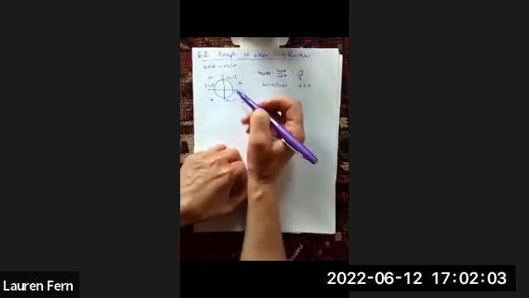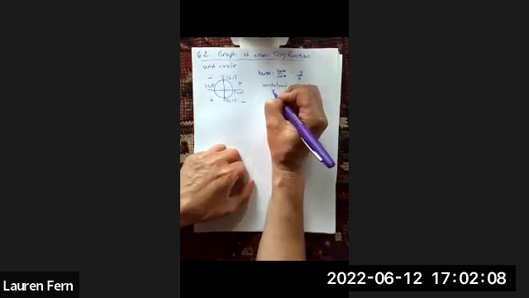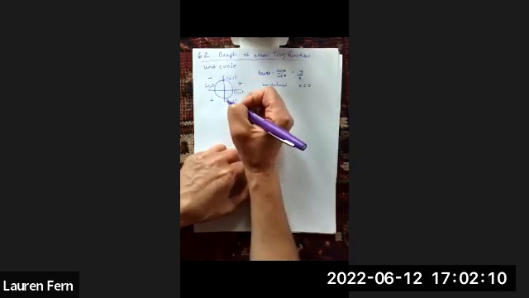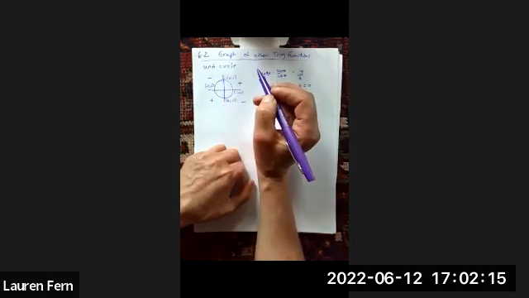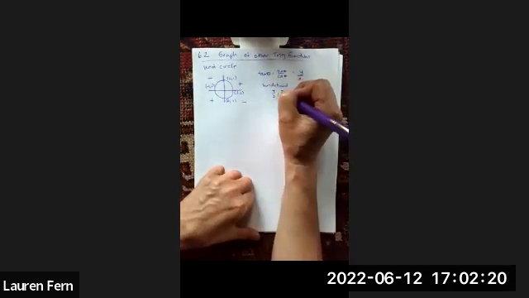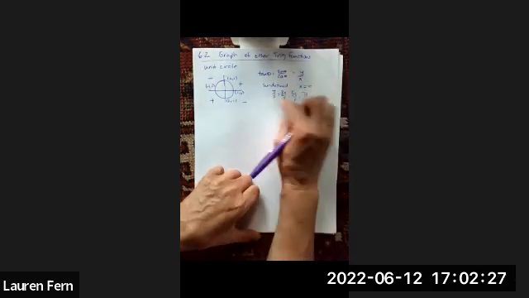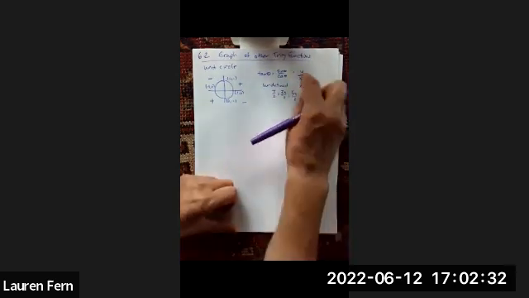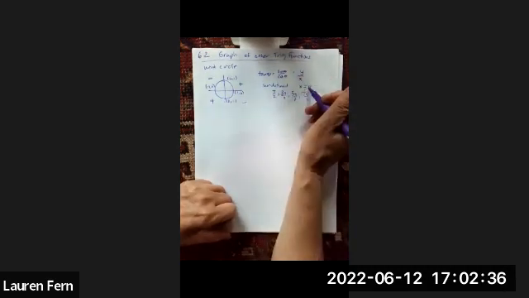Well, on our unit circle, where is our x value equal to 0? It's equal to 0 at pi over 2, 3 pi over 2, 5 pi over 2, 7 pi over 2. It's all odd multiples of that. So what happens when you have it undefined?